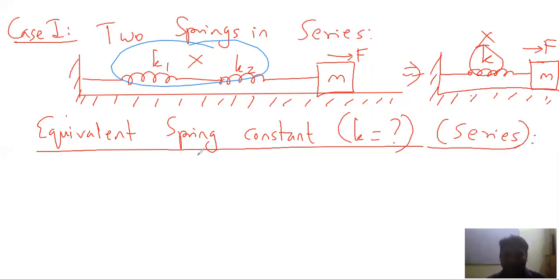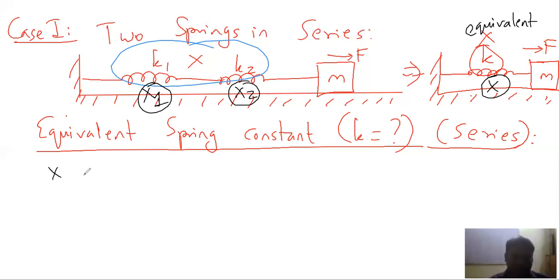Let us say x1 is the extension in the first spring, x2 is the extension in the second spring, and x is the extension in the equivalent spring.